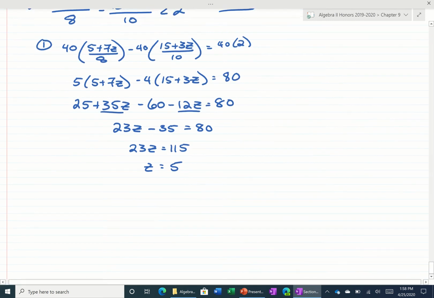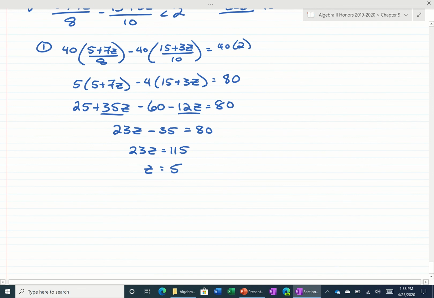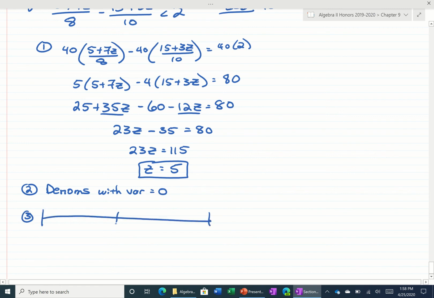Okay. So if z is equal to 5, second step is we make our denominators with a variable equal to 0. And there are none. So we'll go to step 3. The only number we have is 5, so we'll test numbers.